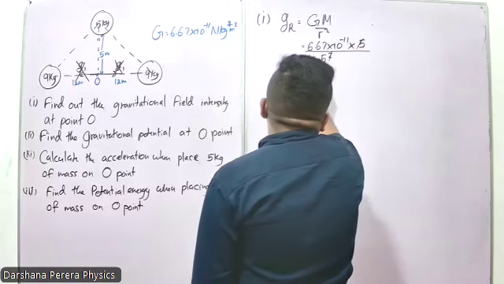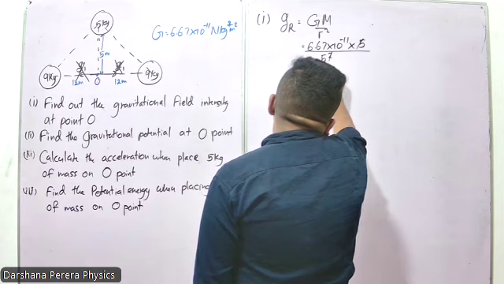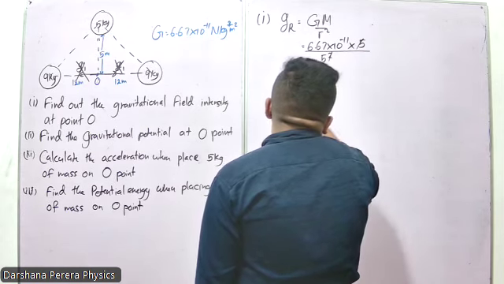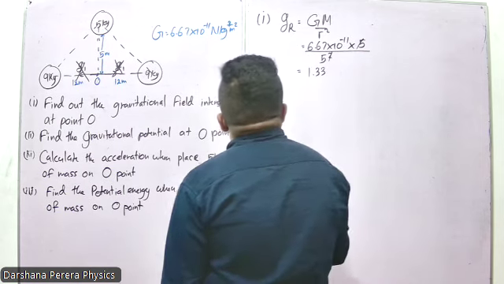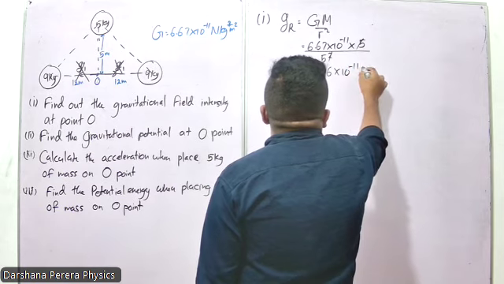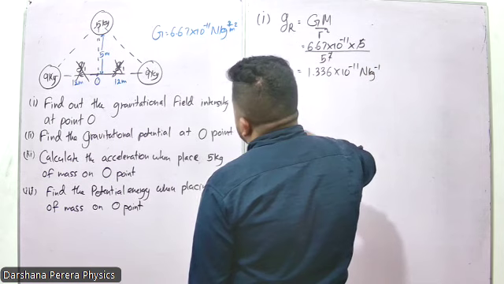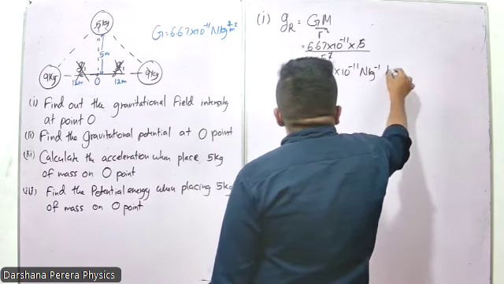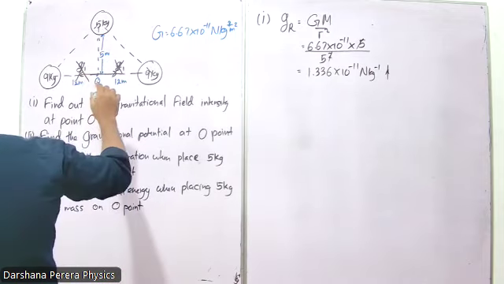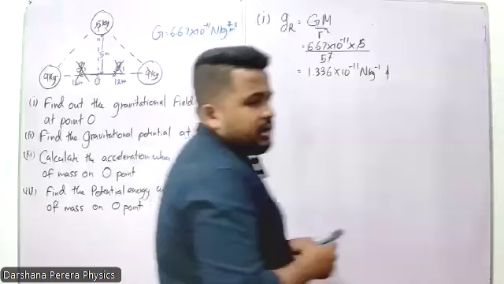So this is the answer. 1.36 into 10 to the power minus 11 N kg minus 1. What is the direction? Direction upwards. The gravitational field intensity acts upwards. Right?